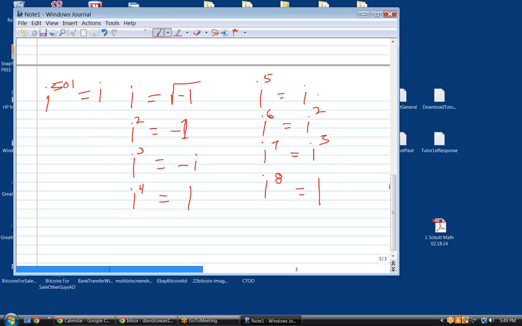In other words, 500 is perfectly divisible by 4. So i to the 501st power would be i. I to the 502nd power would be i squared, or minus 1. Once you memorize these 4, it repeats every 4.